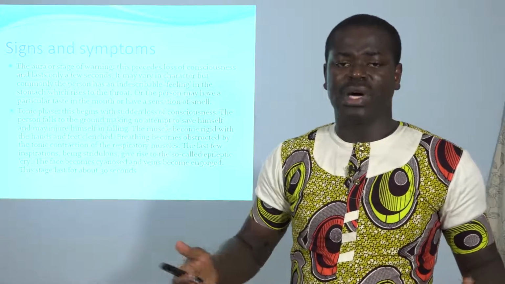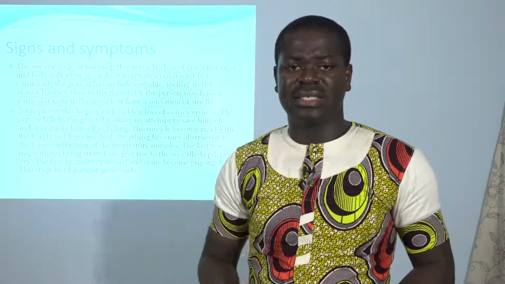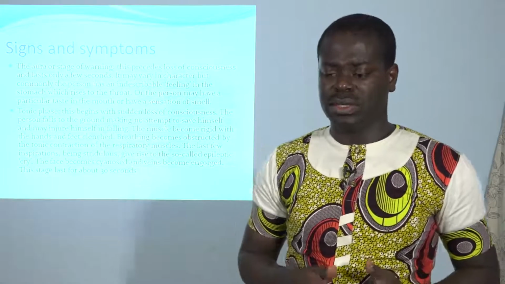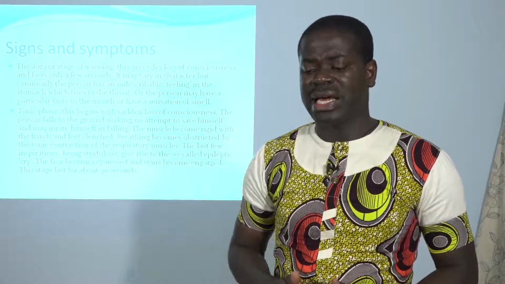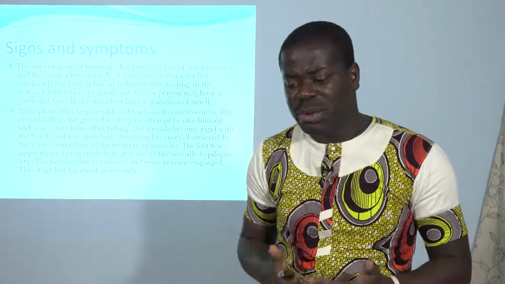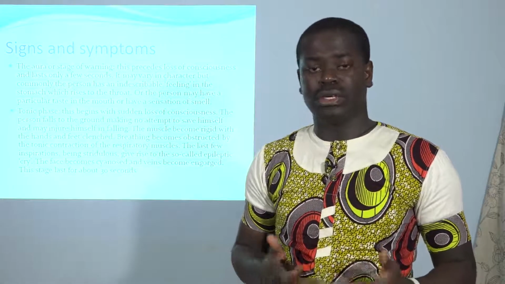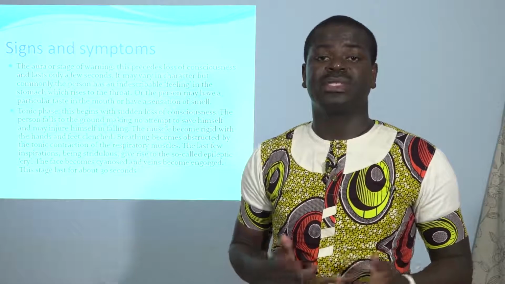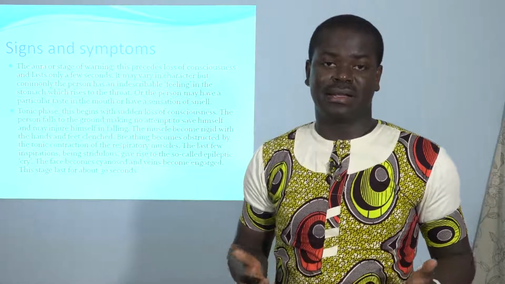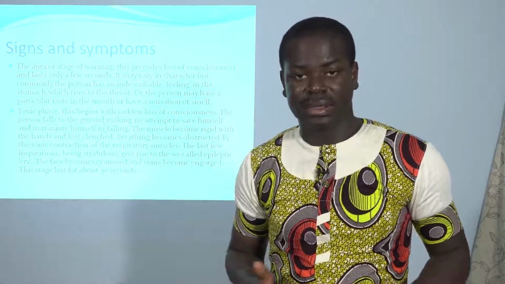So if they are about to have the crisis, they are able to notice. As I've said, it lasts for a few seconds, and it comes with an indescribable feeling in the throat and in the stomach, and also some characteristic smell in the breath of the individual.